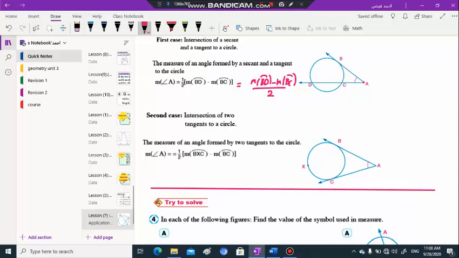We have tangent AB and tangent AC, and we want to find the measure of angle A. Angle A is outside the circle, so it is half the measure of arc BXC minus half the measure of arc BC. Or we can write it as the measure of arc BXC minus the measure of arc BC, divided by 2.